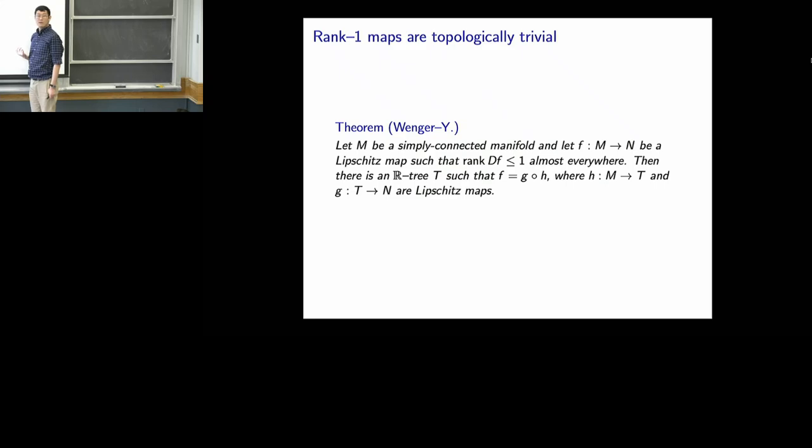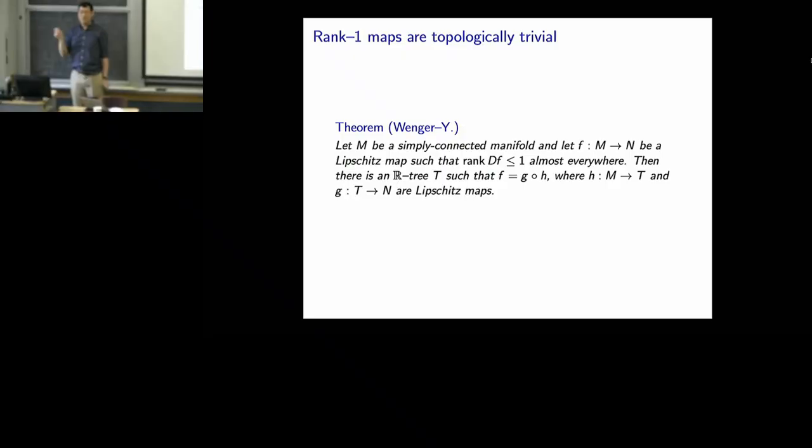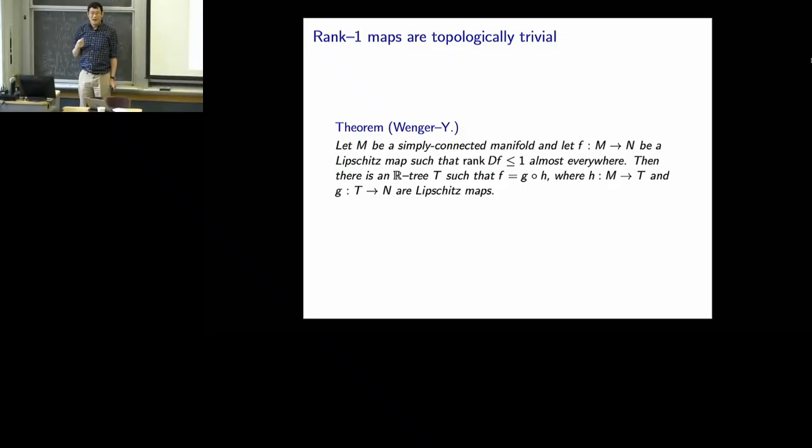Okay, so far? What is an R tree? If you look at this, you notice that the edges are getting smaller and smaller, so we want to allow for that. The technical definition is that an R tree is a metric space where there is a unique arc connecting any 2 points.